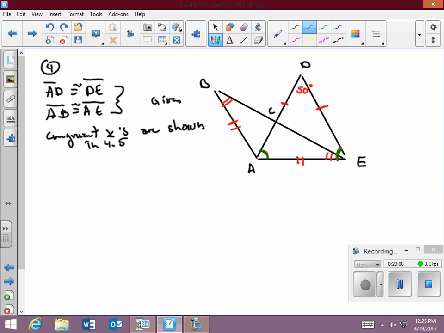And BAC. So this angle here, BAC, is 45 degrees.